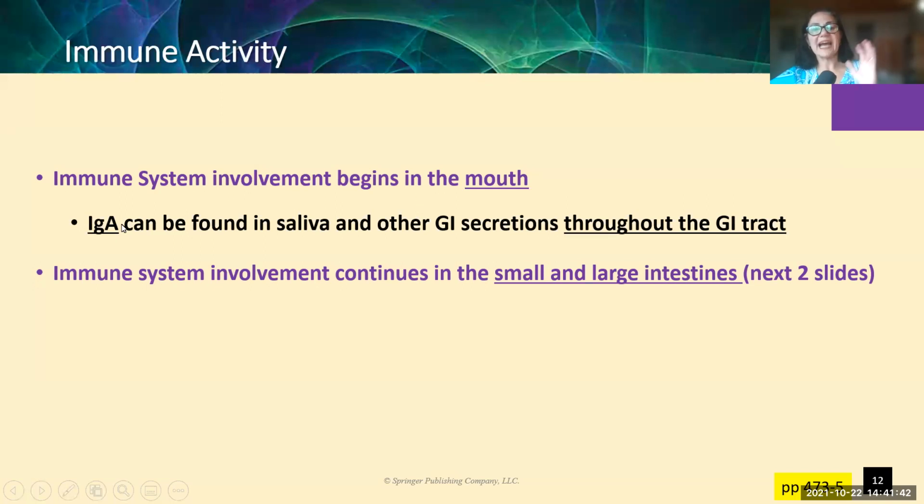And so we have some immunoglobulins waiting. You might remember IgGs and IgMs, those were important in the bloodstream, but IgAs, those were in the solutions and the secretions. So IgA is largely the immunoglobulin that you find in the GI tract. It starts as early as the saliva, but it goes throughout the GI tract all the way through to the end. Okay, and then there's more immune system involvement in the small and large intestines, as we'll see in a moment.